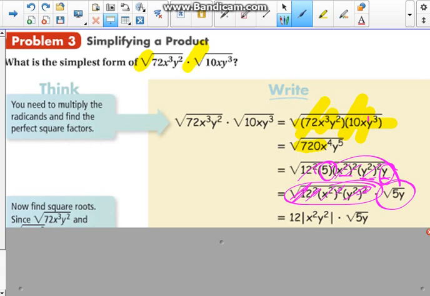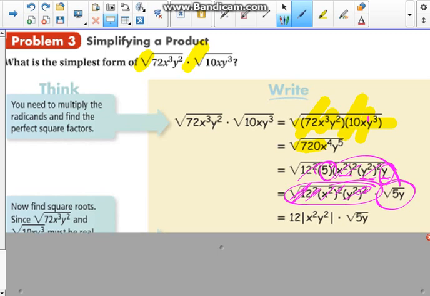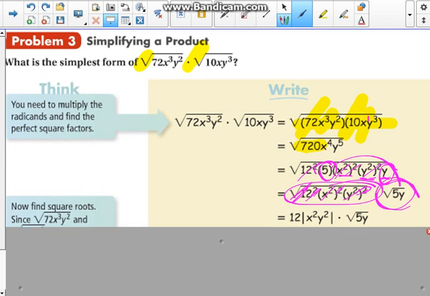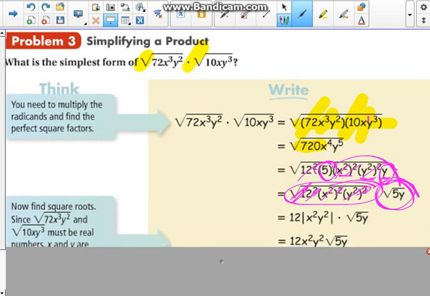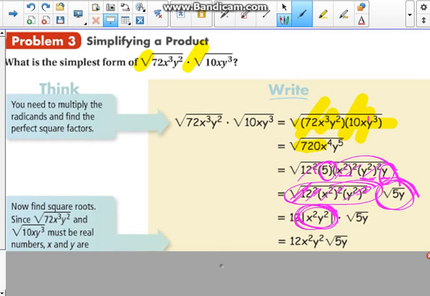And because they are squared, that's an even, so it's going to have the absolute value, times the square root of 5y. Now, because these are squares, there's no way we will ever have a negative sign in these. They're even powers.